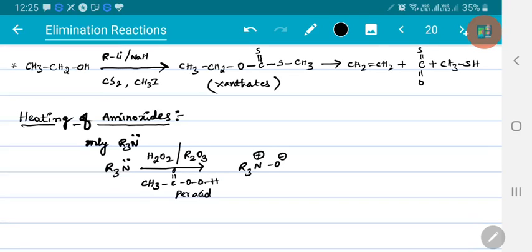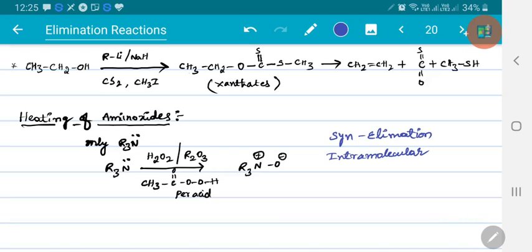So this is also syn elimination, or we call it intramolecular syn elimination. This also occurs within the system, right? And we have to take the hydroxylamine.